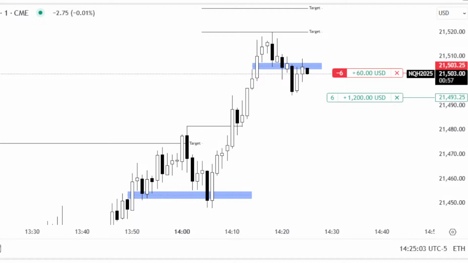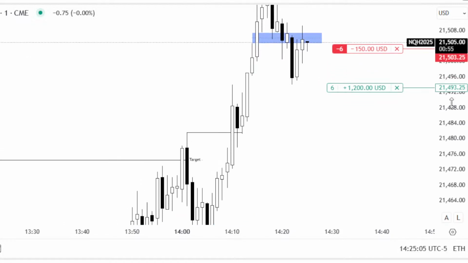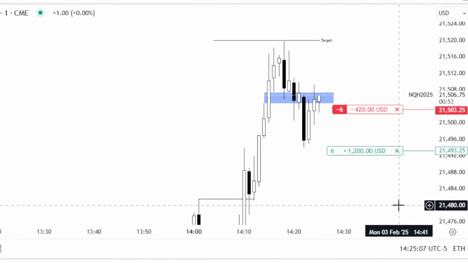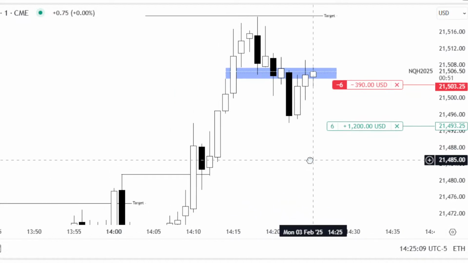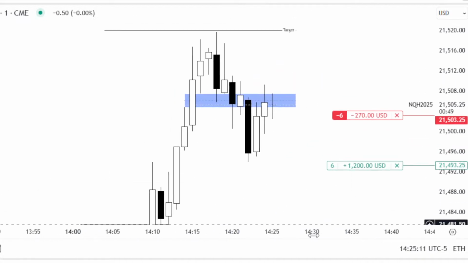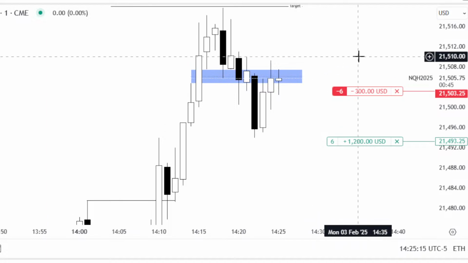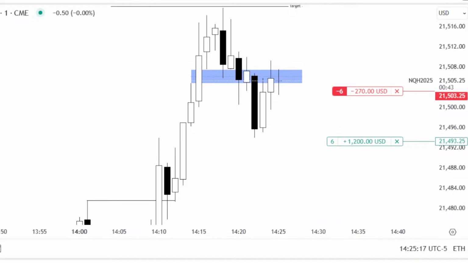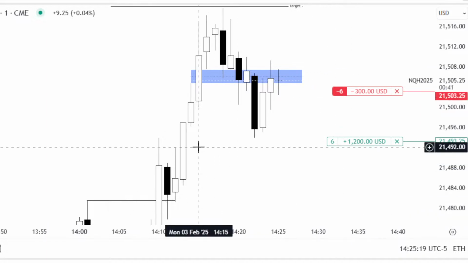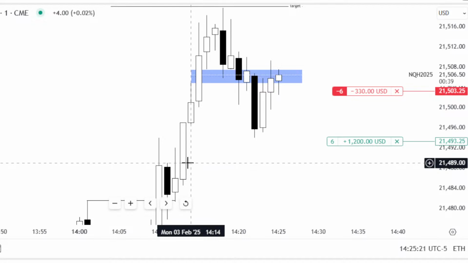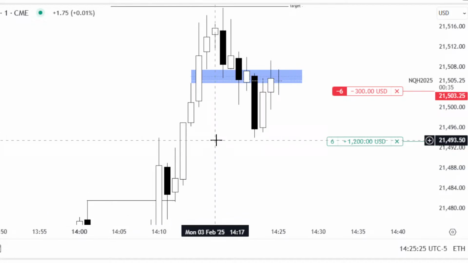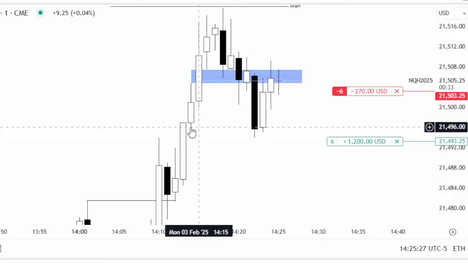Okay, so the fair value gap is holding price. To show you, that dotted line is the 50%. It pretty much looks like it wants to come lower. I think it will go down to this 489, but I'm happy to take my profits up here.